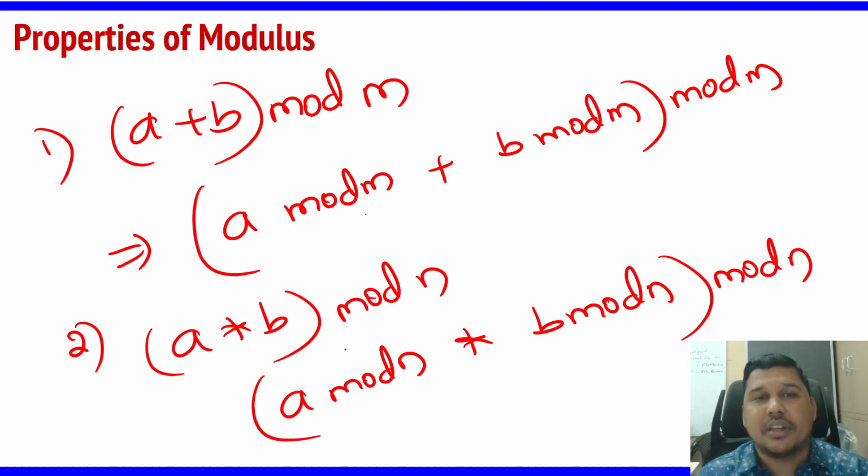We will be using this. We will be talking about congruence relationship and these properties of modulus in the theorems or algorithms which we are going to study in this course, in this unit.